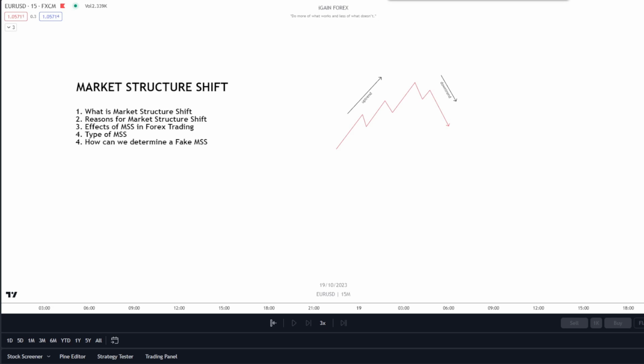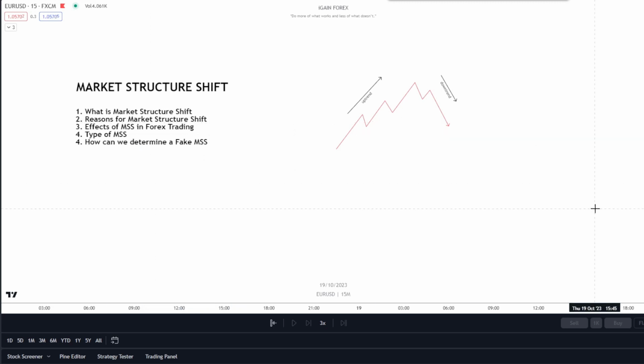We have high volatility when a market structure shift happens. So we have impact on price swings and trends, event-driven volatility, and the last is the effect on trading strategies, if we are scalping, swing trading, or long-term investing.